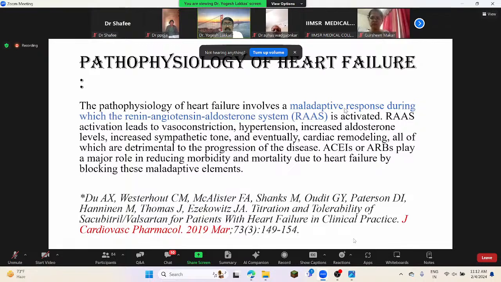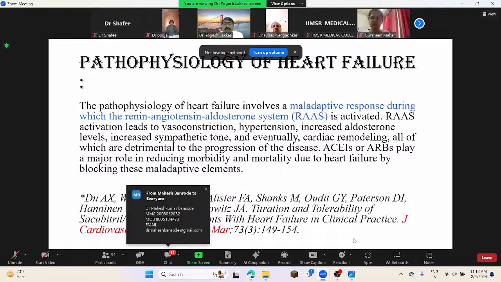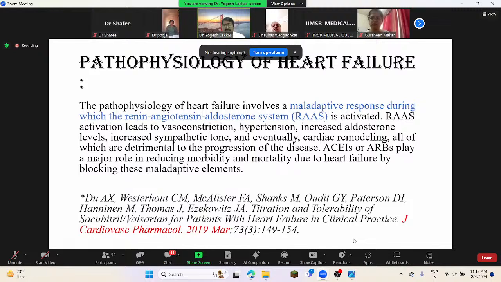Pathophysiology of heart failure. This is again the RAS system, a maladaptive response, with the renin pathway, which is a very important aspect, and the alternative renin pathway, which is now also being researched upon.